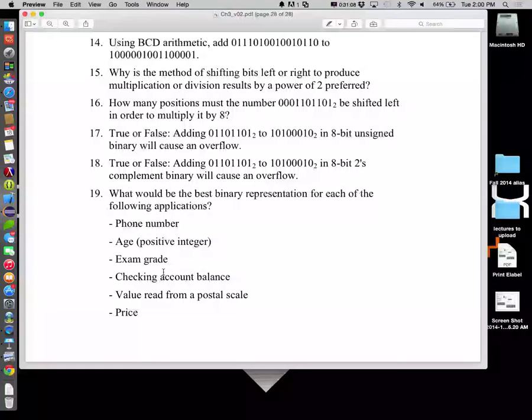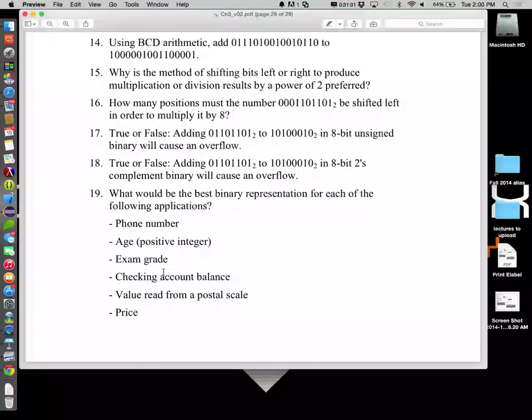What's the best binary representation for a phone number? Well, how many digits are in a phone number? Depends whether you keep the area code on there. Depends whether you have the international extra one, or whatever the code is.